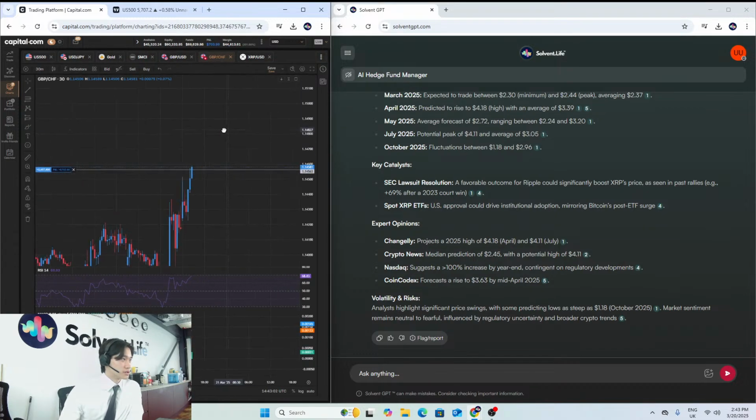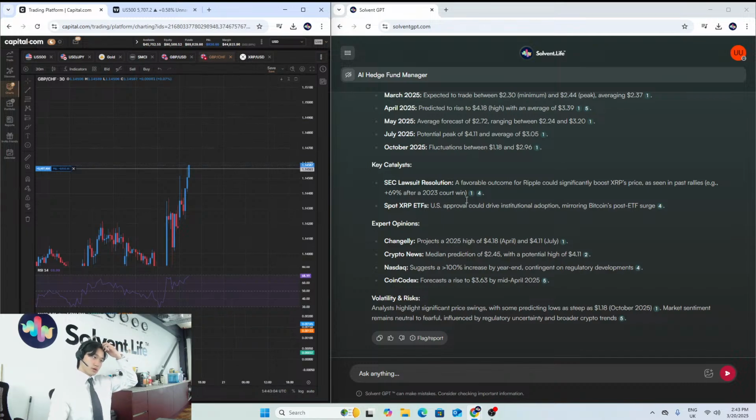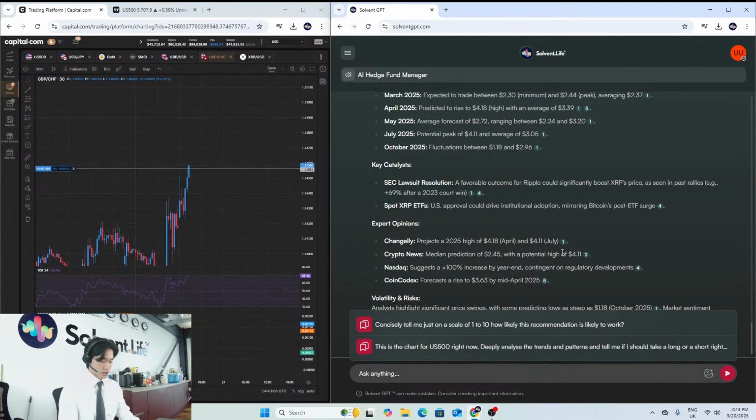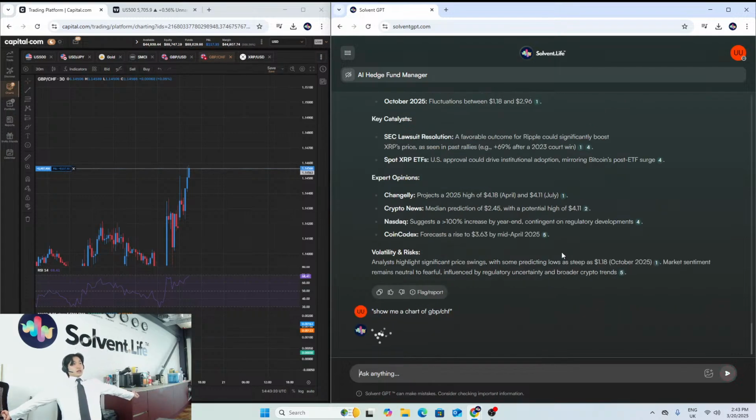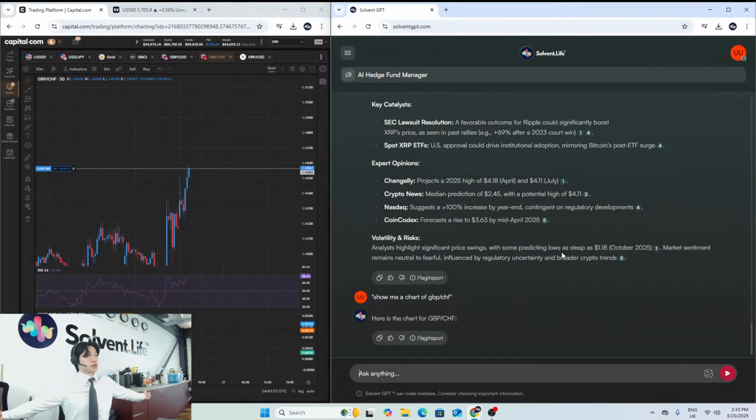And let's see how this is doing. $700 up. Let's see how we can adjust this trade. Show me a chart of GBP Swiss franc. What other trades are we looking at, guys?